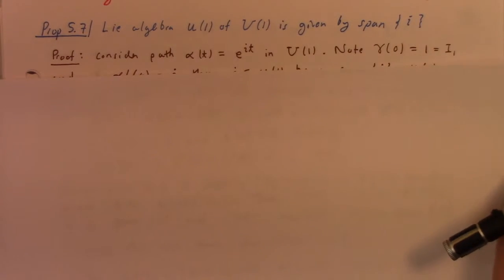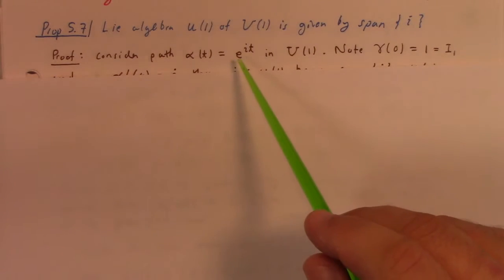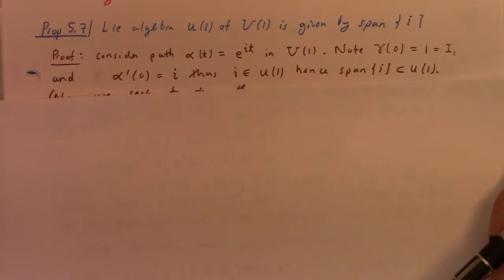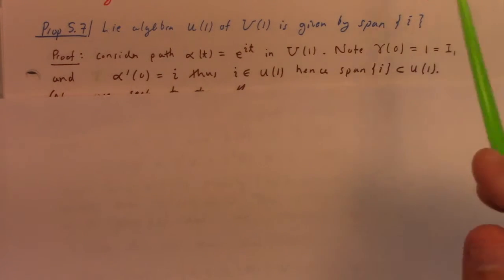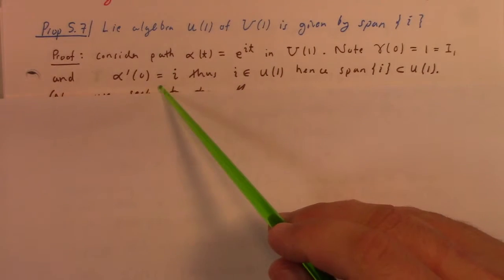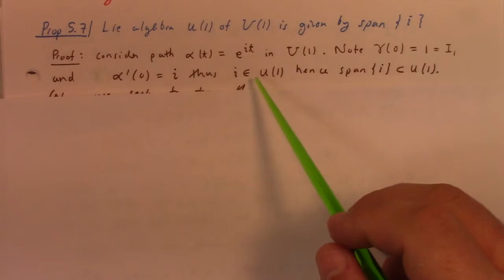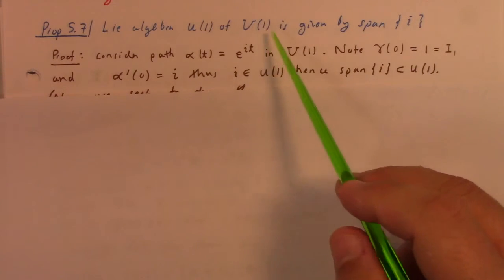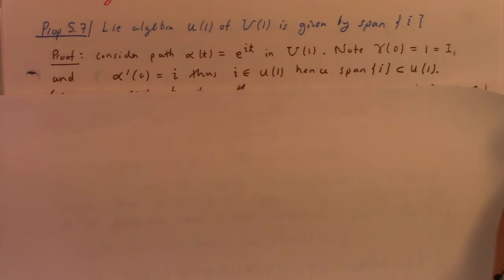So here's the deal. You consider a path, e to the it. Well, that meets the identity, which is just 1 in the complex numbers, at time 0, and it gives you a velocity vector of i at time 0 as well. That's the initial velocity of the curve. So that means that i is an element of the tangent space at the identity to U(1), which is little u(1).